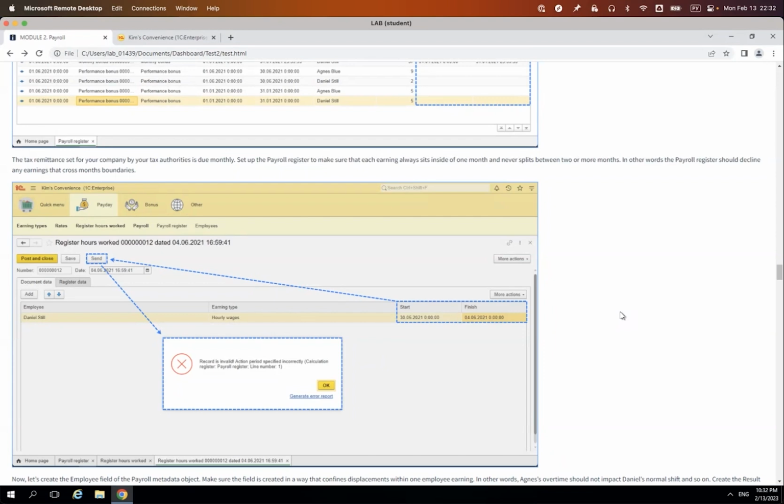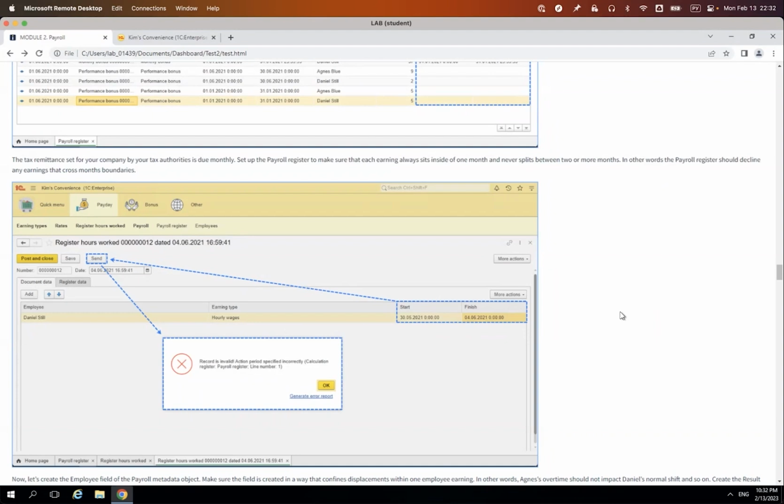And the thing about taxes is that these periods should be isolated from each other. So if you pay your taxes monthly, all your payments should fit inside of each month. You cannot afford having a payment that extends from 1 month to another.